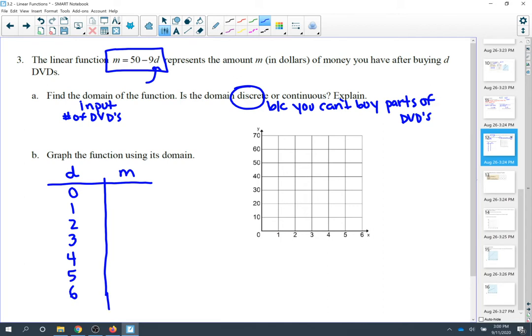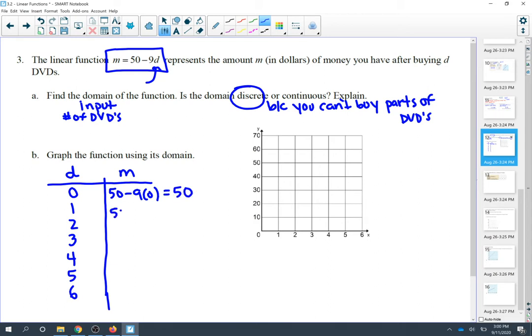Then I'm going to figure out, if I buy 0 DVDs, how much money do I have? So if I come back up to my function, I have 50 minus 9d. I'm going to start with 50 minus 9 times 0, which is $50.